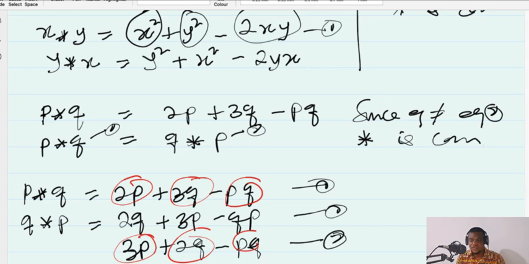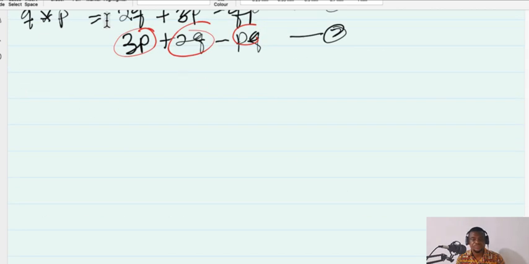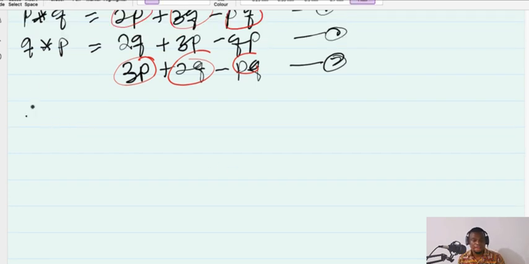Let's take a few examples. Let's say we have another question which states that the operation W star R is equal to W plus R minus WR.